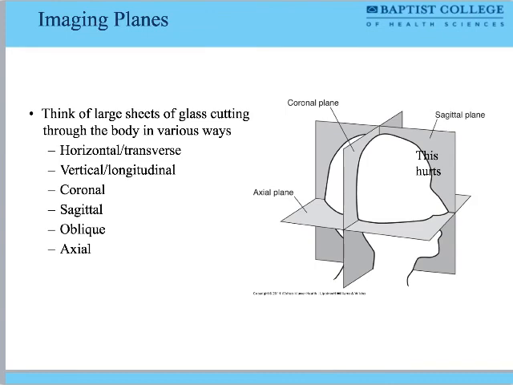Most of the images that we will be looking at will be in the axial plane. But we can produce them in the sagittal, coronal, oblique planes, any of these planes. We can also, like I've already alluded to, represent them as three-dimensional. We could take this entire brain and rotate the entire thing around. That's what I mean by three-dimensional.